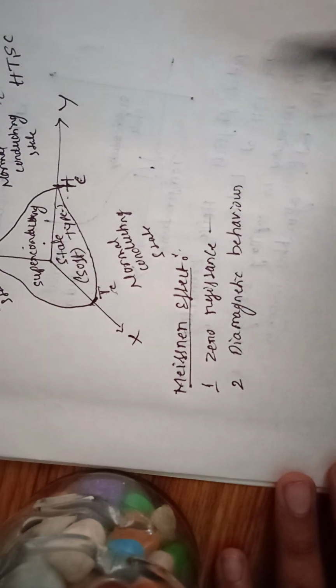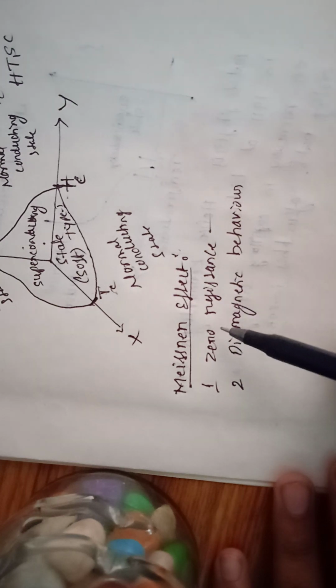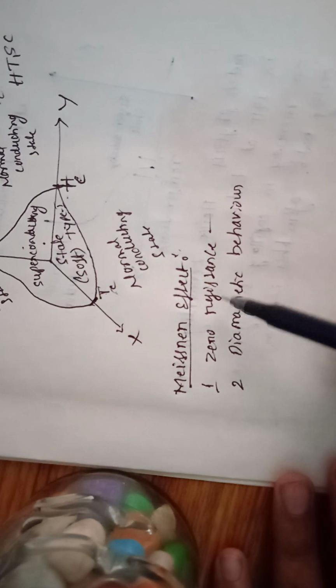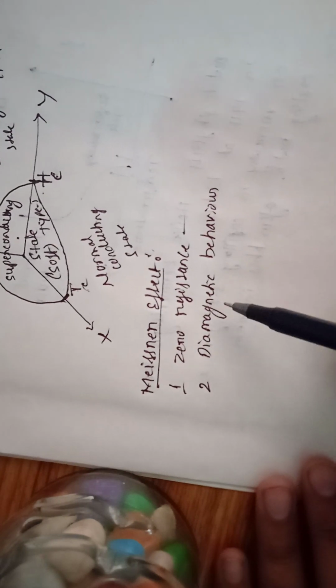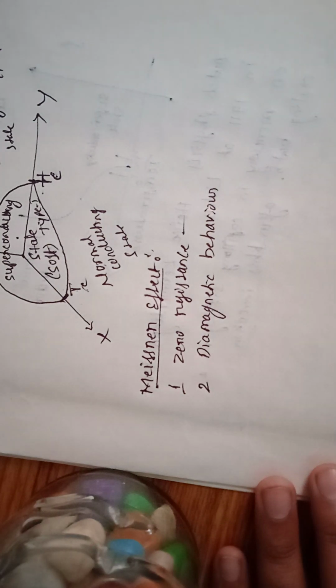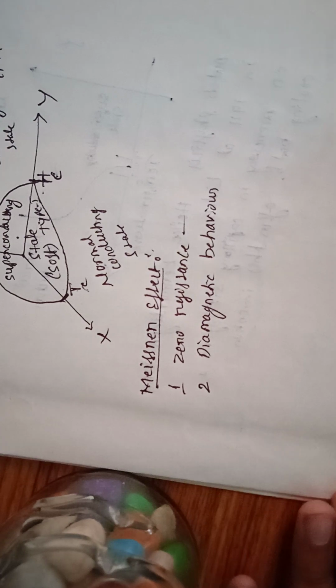We have discussed zero resistance, and we only have the abstract idea. We don't have deep insights into the quantum mechanical behavior of this. We will discuss that later. Another one is the diamagnetic nature. So we will discuss the Meissner effect.